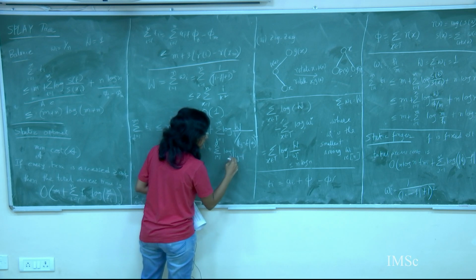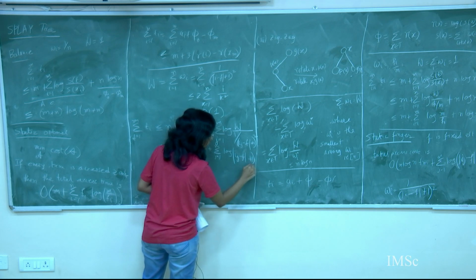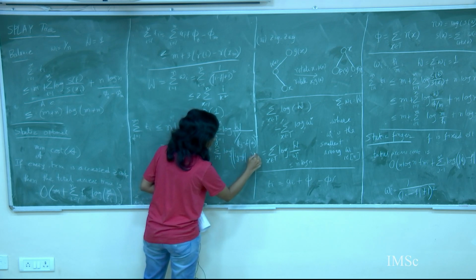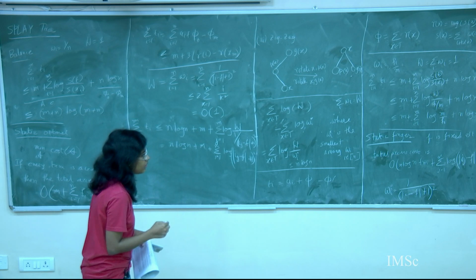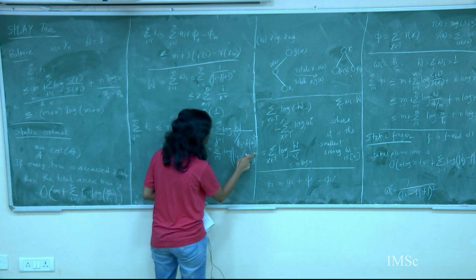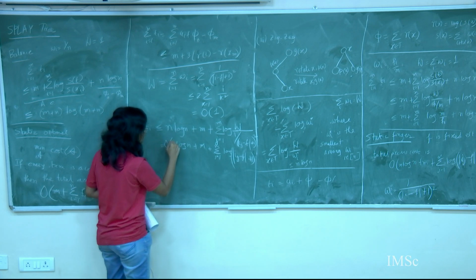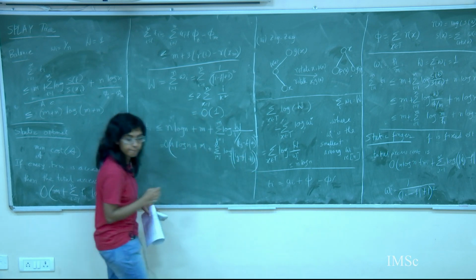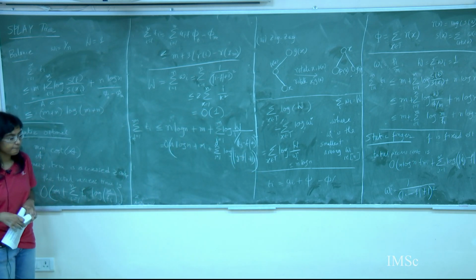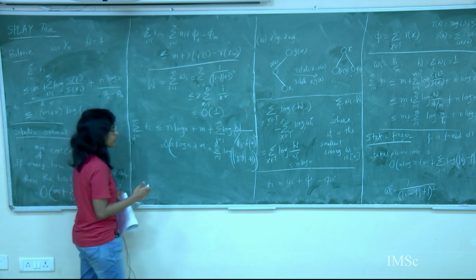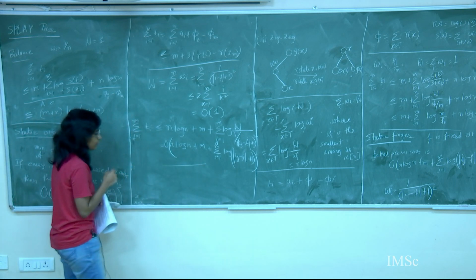Ij means the element I am accessing at the jth step, plus 1. Now with the log I don't need the whole square, I can put it in the constant term. So I can write it as order of this. Okay, good. So splay satisfies the static finger property.